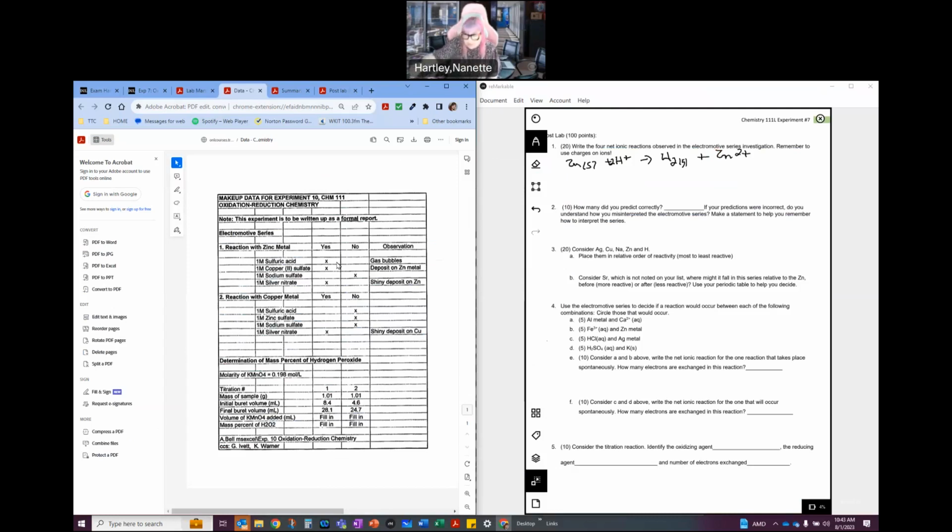And that is my net ionic equation. Okay, so you need something similar to that. You need to make sure that the number of electrons transferred is correct, all of that stuff. So you need to make sure that you've got those correct. You need to do this for the 4 X's marked in data. So those are the 4 we need to see.